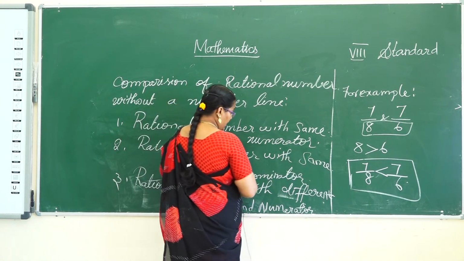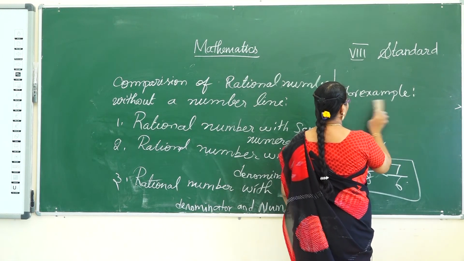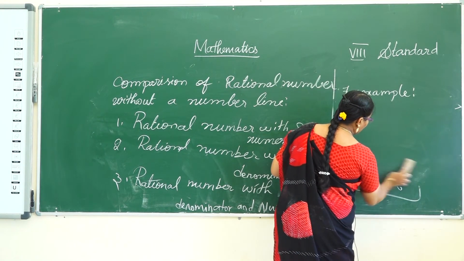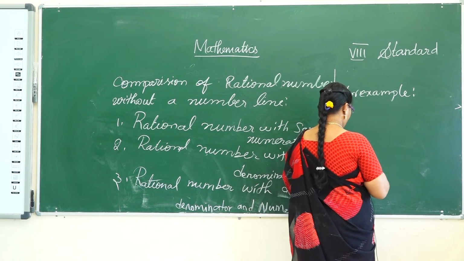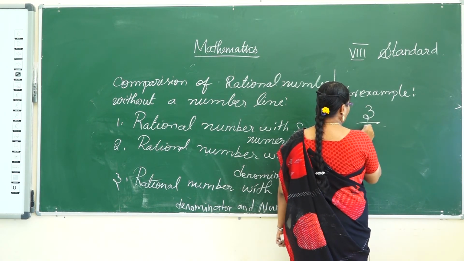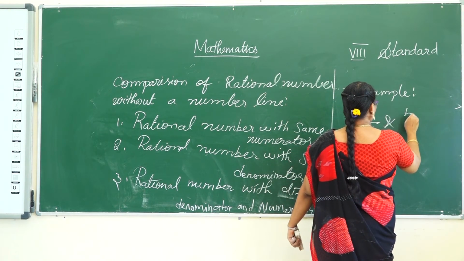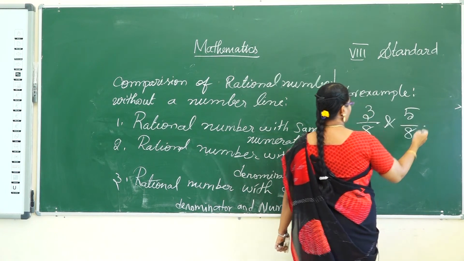Next, rational numbers with the same denominator. Same denominator means the denominators are the same: 3 by 8 and 5 by 8. What do we do?